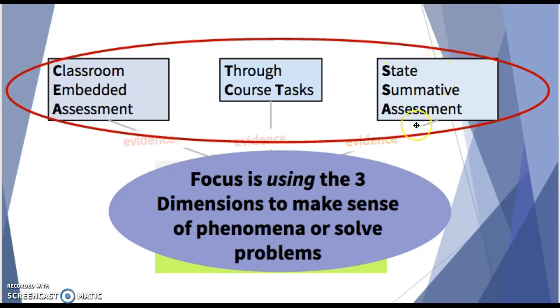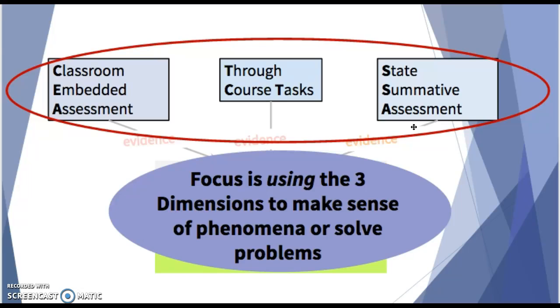The state summative assessment is still going to occur at the end of 4th grade, 7th grade, and 11th grade. And it's designed in a way that it really is assessing the 3 dimensions of the Next Generation Science Standards. When I say 3 dimensions, I'm talking about the science and engineering practices.